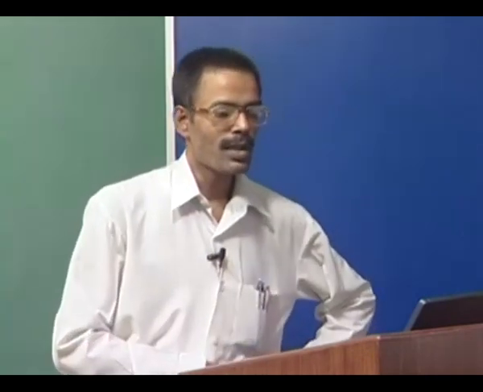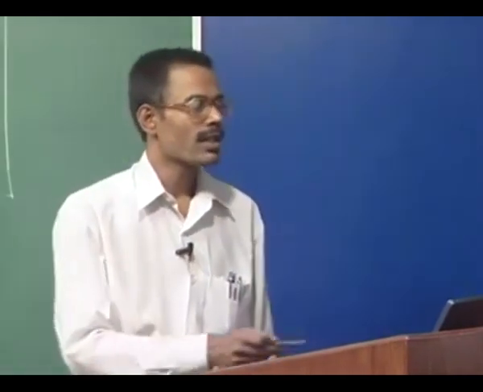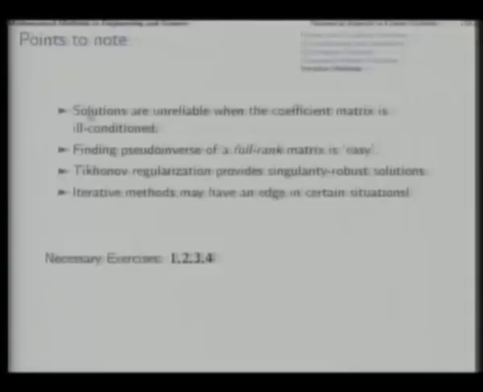So, in this lesson, we have considered these important points. We have noted that the solutions are unreliable when the coefficient matrix is ill conditioned, and we have found that finding the pseudo inverse and finding a quick solution for a full rank coefficient matrix, even rectangular ones, is easy, and when that is not the situation, then we have found the Tikhonov regularization method to find singularity robust solutions.